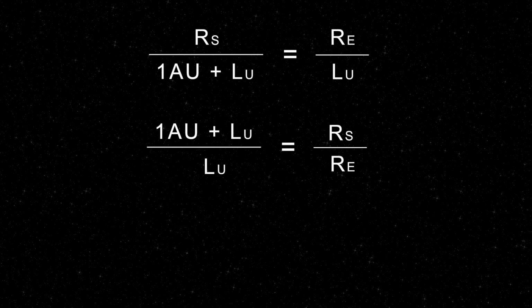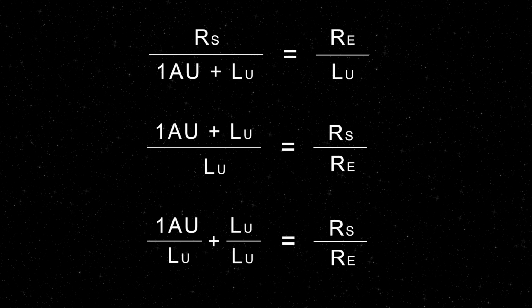Now we can move forward to break out only L sub u from what is on the left side. We start by using the distributive property of multiplication over addition. If you look at the expression not as a division operation, but as 1 over L sub u times 1 AU plus L sub u, you can then see how we can arrive at this new equation.